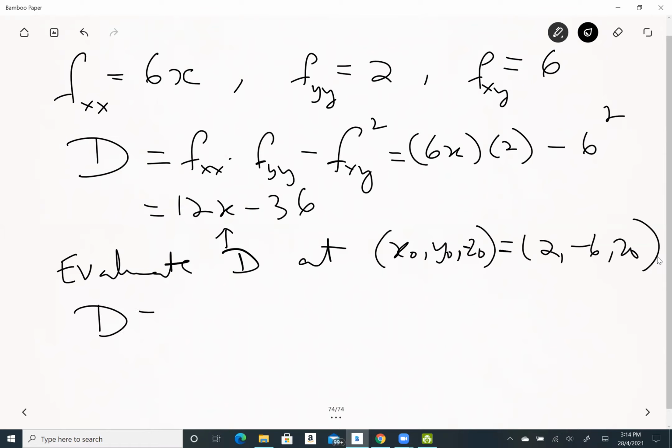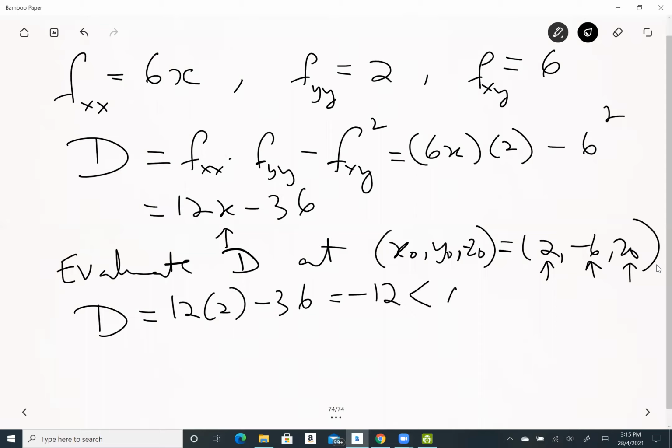So D is equal to, you have 12x. So what you do, you substitute. These are the values of x, the value of y, the value of z. Whatever you have in the D, you substitute with the particular value of the variable. So here you got 12x minus 36. So that means you got 12 times 2 minus 36. That is equal to negative 12.